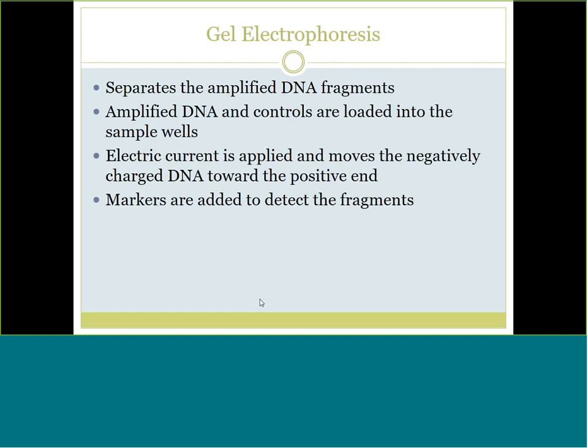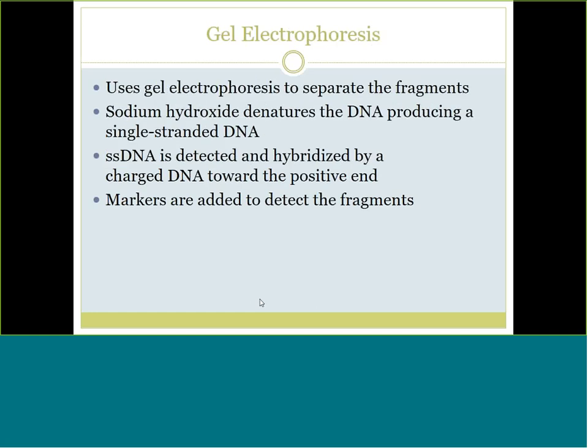So gel electrophoresis, hopefully if you've been through clinical chemistry, you've learned about electrophoresis. It's the movement of usually proteins right across an electric field, and then you can separate out those proteins to determine what you have. Kind of the same thing, you're going to have DNA moving across that electric field and being separated so that you can see the different parts of that DNA, what it's making.